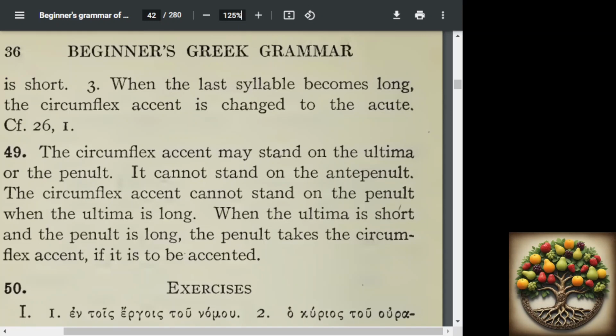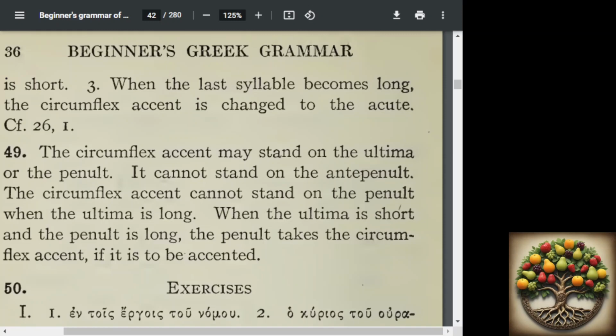When you have an ultima that is long, the circumflex cannot stand on the penult. When the ultima, the last syllable, is short, and when that penult is long, the penult can take the circumflex if it is to be accented. And so the words that we've declined in this example, that is applicable in this case.